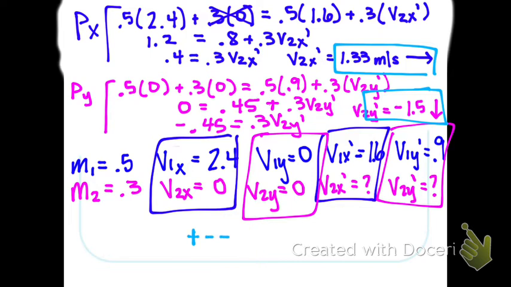So the component is going to the east and the component is going to the south. And so this hypotenuse is what is actually happening to the puck. Are we good with that part of it? 1.33 east and then 1.5 south. So I'm going to find the hypotenuse of that triangle and I'm going to find the angle as well. So hypotenuse is using Pythagorean theorem.